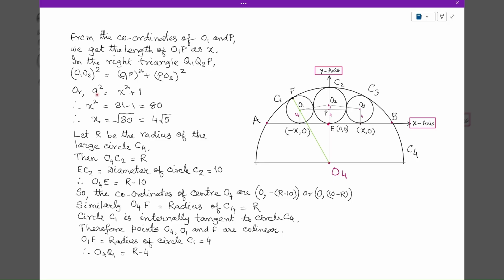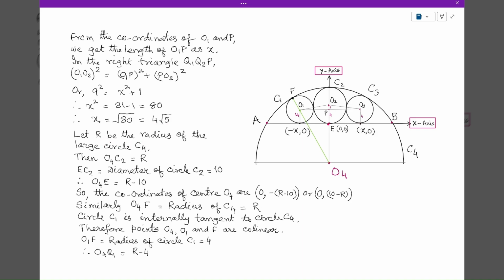O1O2 being 9, O1P being x and PO2 being 1, we get 9 squared is equal to x squared plus 1. Therefore, x squared is 81 minus 1, that is 80, or x is equal to square root of 80, which is 4 square root of 5.